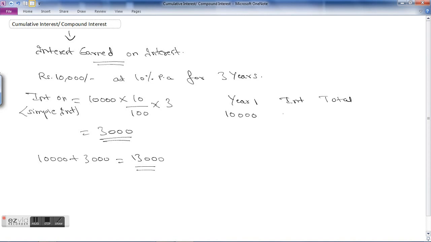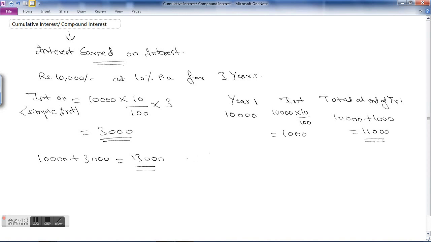On 10,000 the interest received will be 10,000 into 10 by 100 for the first year. So what is the amount of interest? The amount of interest is 1,000. So at the end of year 1, the total is 10,000 plus 1,000, that is 11,000.